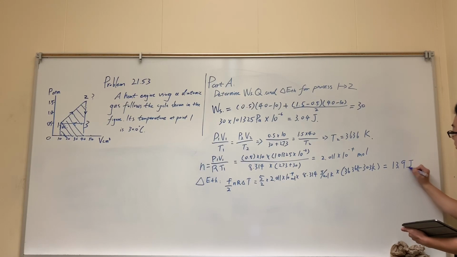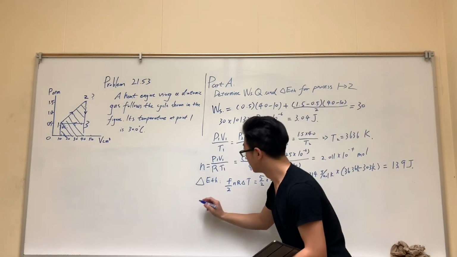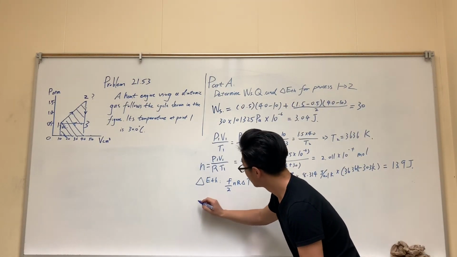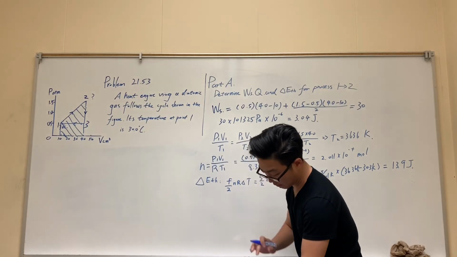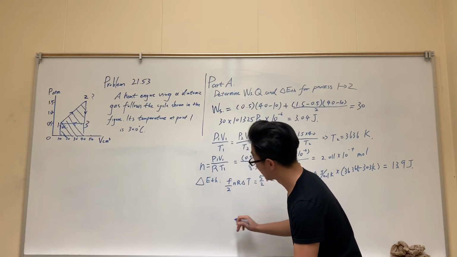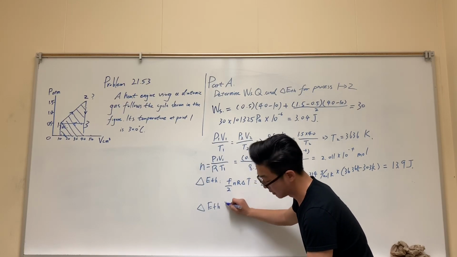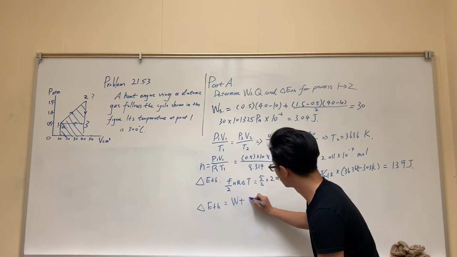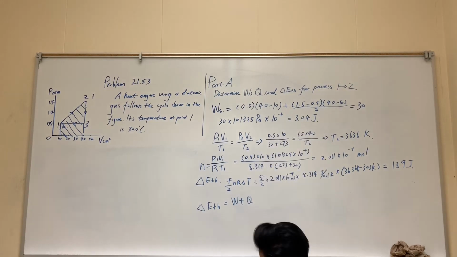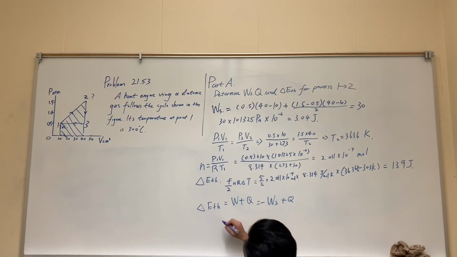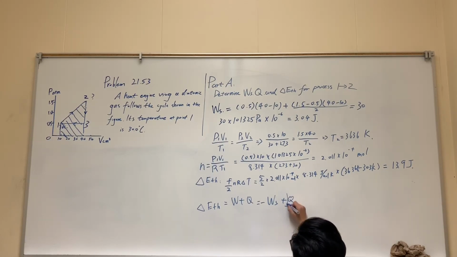13.9 joules. And also from the first law of thermodynamics, we can get delta E_th equals W plus Q, W_s plus Q. So we need to get Q, right?